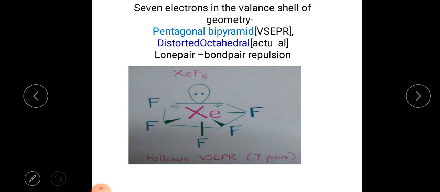Now the case is you have 7 electron pairs in the valence shell. If you have 7, then the arrangement must be called pentagonal bipyramid. Here there is a central atom. 5 of them are arranged in one plane, and one is above and the other one is below the plane. If you connect all of these, you will get a pyramid with a pentagon as the base.